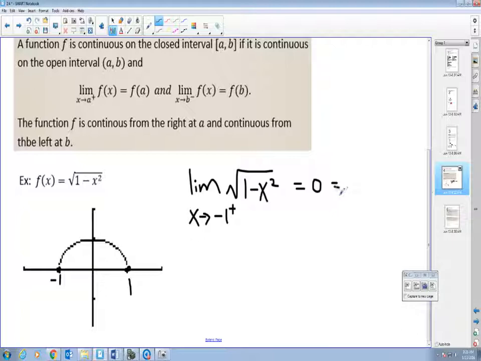So if I evaluate this function at -1, if I plug in -1 here, my value will be 0.